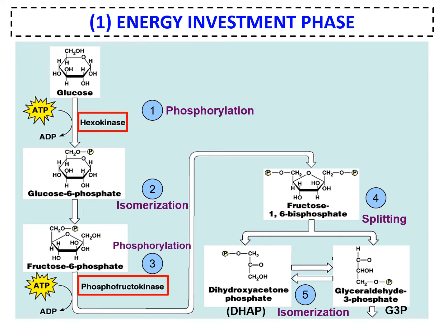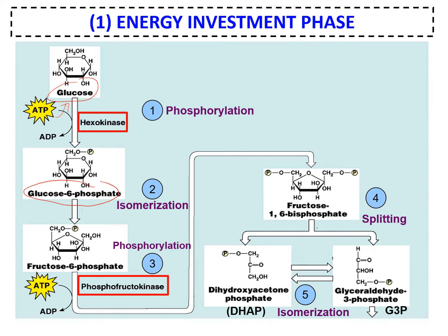The first phase, the energy investment phase, involves step 1 to step 5. As you can see from the diagram, the glucose is converted to glucose 6-phosphate. This process is a phosphorylation because it involves the addition of phosphate to the glucose. To attach the phosphate to the glucose, one ATP molecule is used.